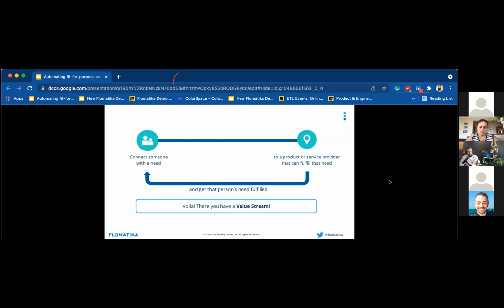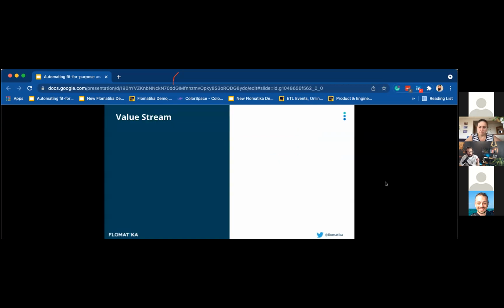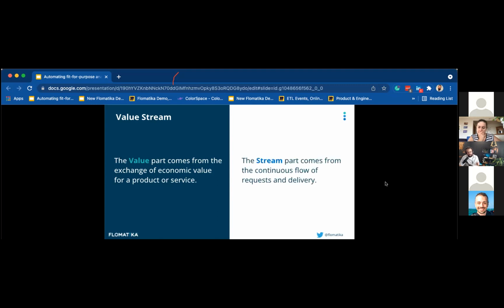When you look at the value stream, the value part comes from the exchange of economic value for a product or service. Usually that's measured by money, but it could be any form of economic value. It could be time, information, your data, influence, etc. And the stream part comes from the continuous flow of request and delivery.